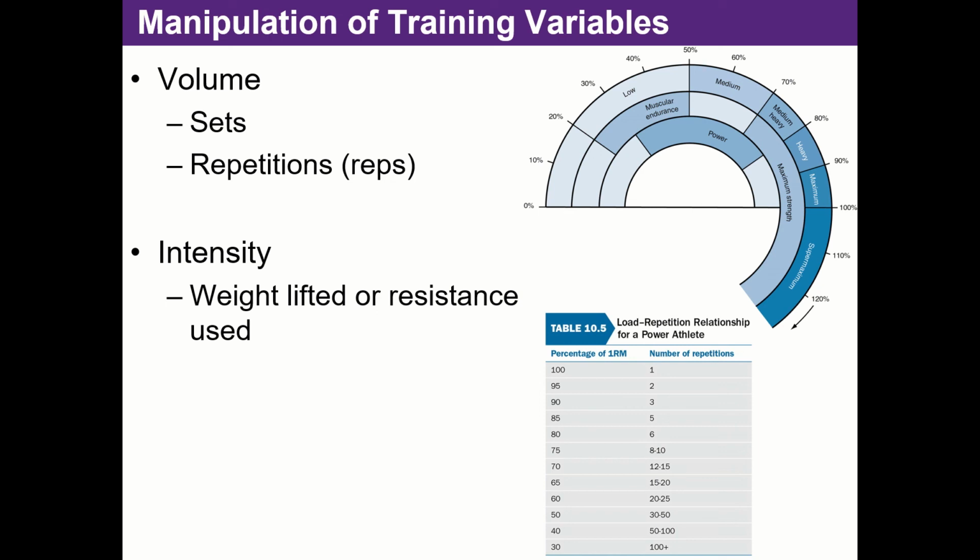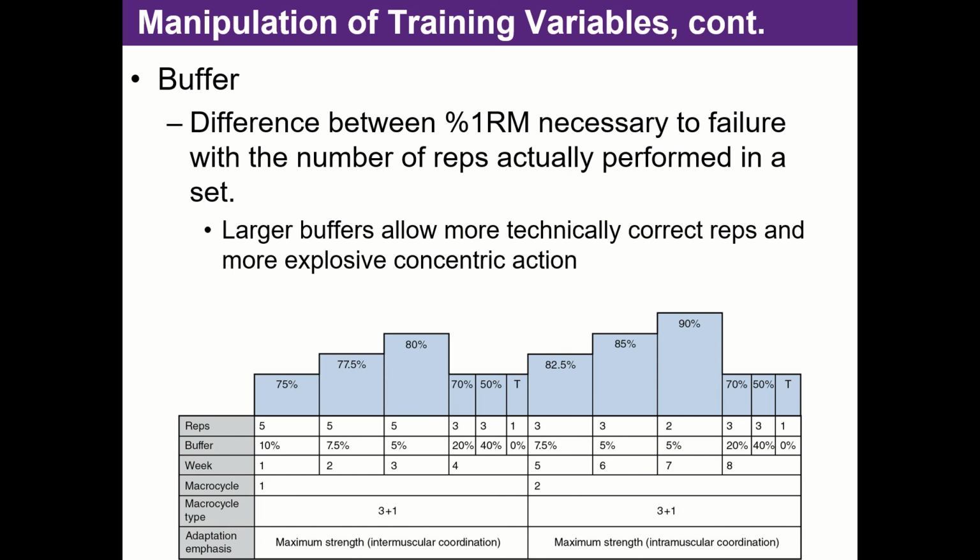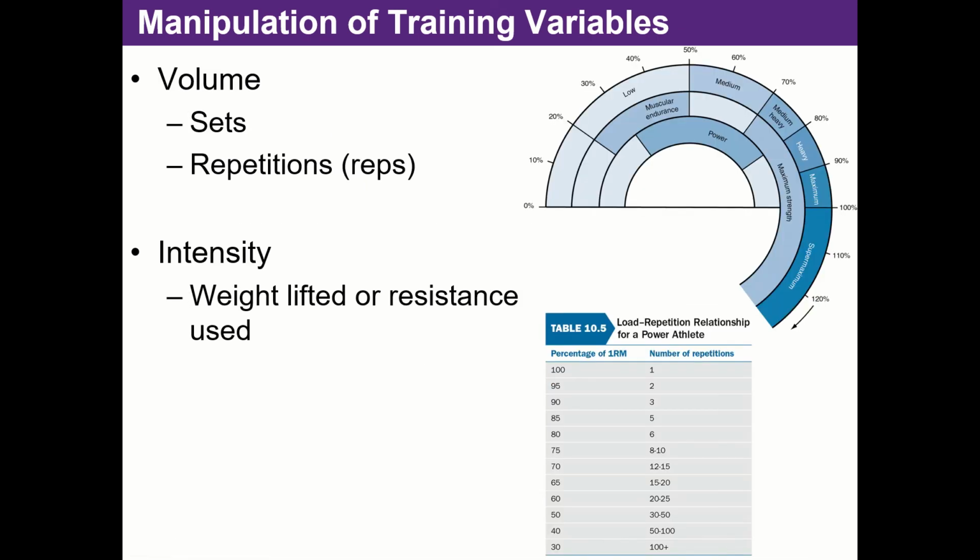We can add more weight. We can do a darker band, and so then that is a higher intensity. Something else that we can manipulate is the buffer. So the buffer is the difference between the number of reps that they do and the number of reps that they could have done. So for example, here, if we have somebody who does 5 reps at 80% of their 1 rep max, well, if we look back at this chart, 80% of your 1 rep max, you should be able to do 6 reps, but they only did 5.